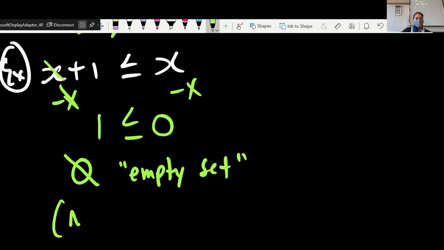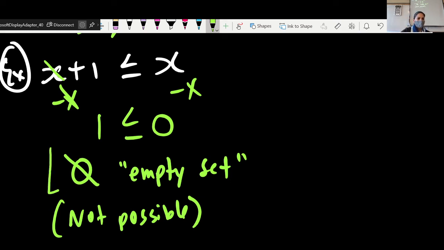What it means, basically, is this is not possible. So it has no solution. This doesn't make any sense. So just putting this symbol would be fine for your solution. Good?